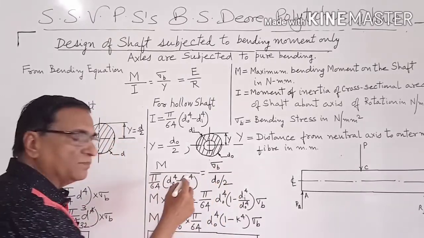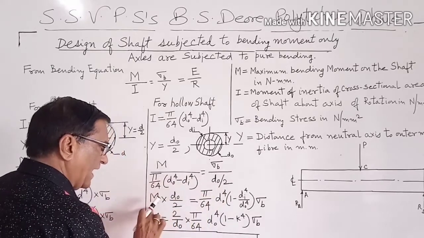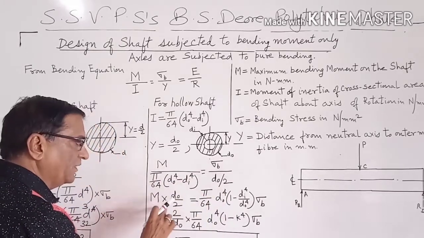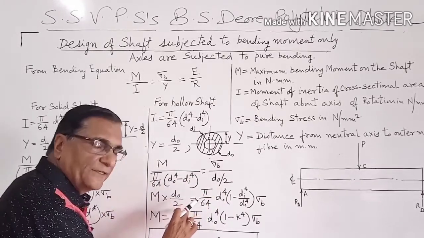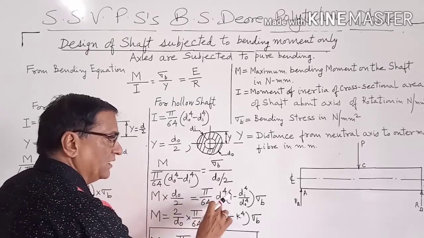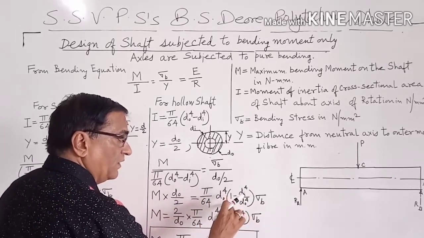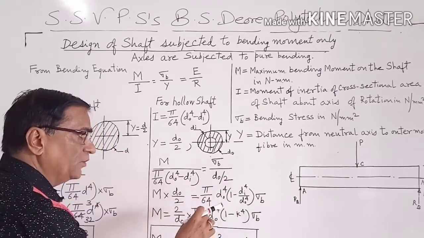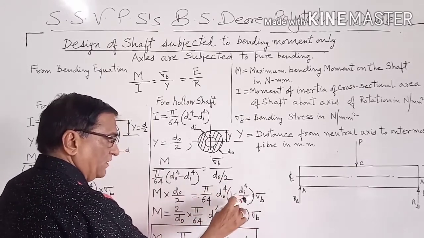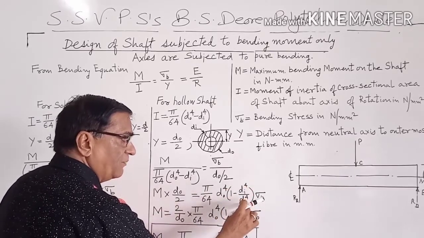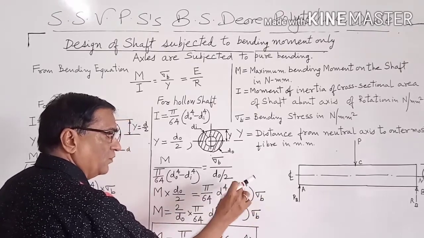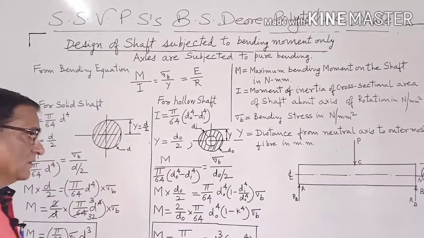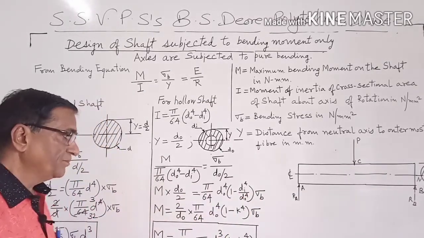Now by cross multiplication, we will have this equation: M into do by 2 equal to pi by 64 do raised to 4 in the bracket 1. We will take do common here, so here we will get 1 minus di upon do raised to 4, into sigma b.